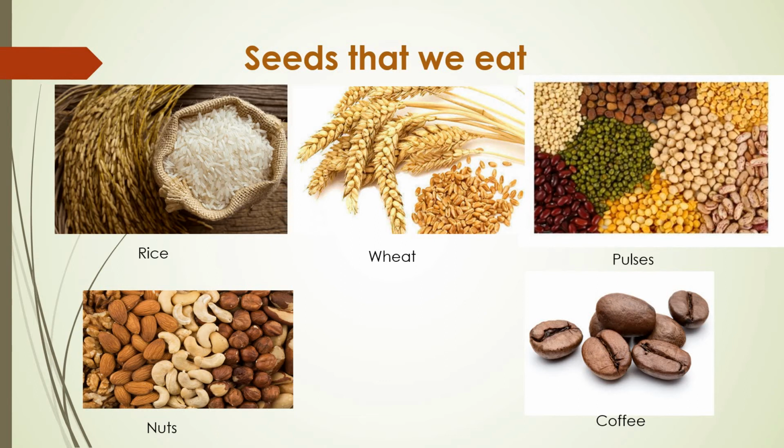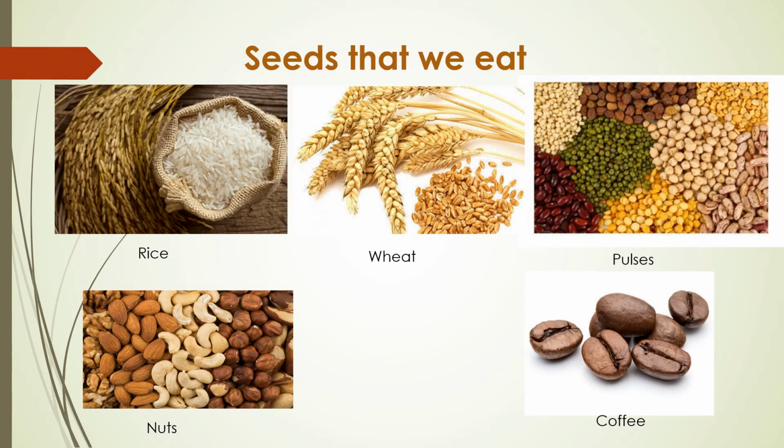We can also eat seeds of some other plants such as bean, gram, kidney beans, and all these seeds come under pulses, and these pulses are very, very essential for younger ones like you all, because pulses help to grow. We also eat seeds in the form of nuts such as cashew nuts, hazelnuts, walnuts.